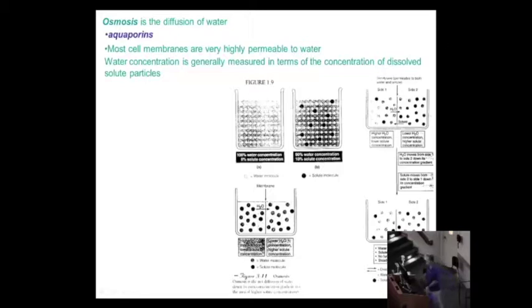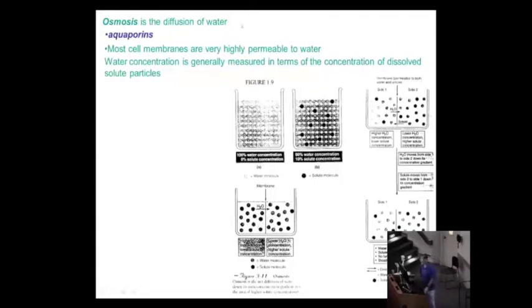Now each of these beakers has exactly 1 liter in it, but if you count the number of water molecules in that 1 liter, you can see that you have more water molecules in A than you do in B, because within that same liter, you have space taken up by solutes in this beaker, okay? So you could literally count the molecules, and you could say, I have fewer water molecules here in 1 liter than I have here in 1 liter.